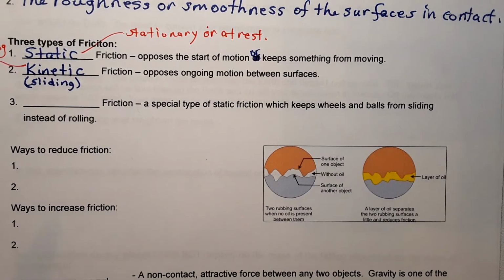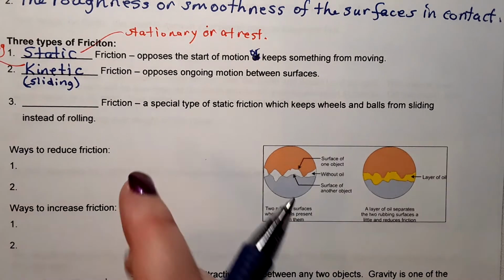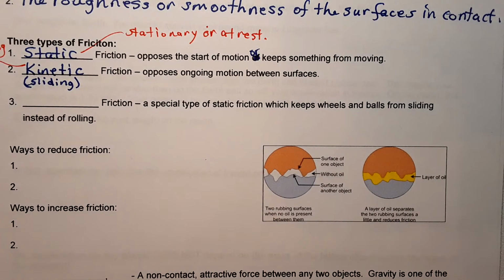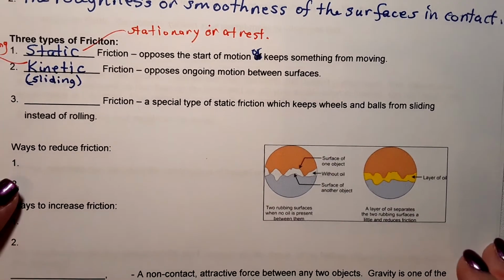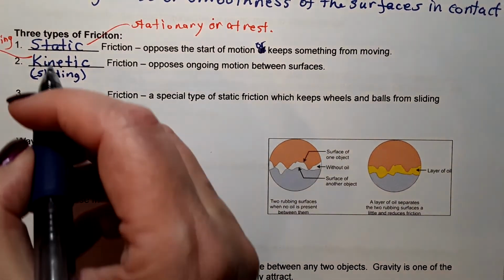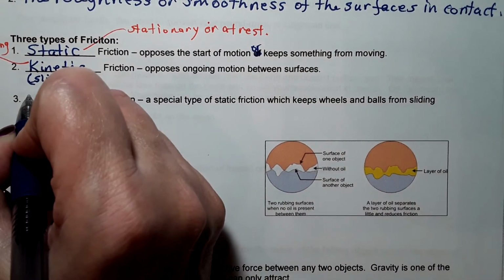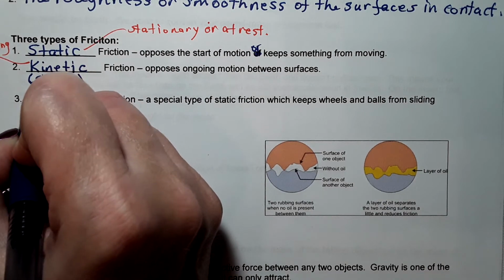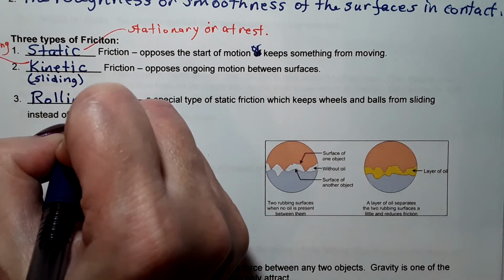Kinetic friction opposes ongoing motion between surfaces. So once you've got an object moving, the surfaces are sliding against each other and you are overcoming kinetic friction to keep it moving.